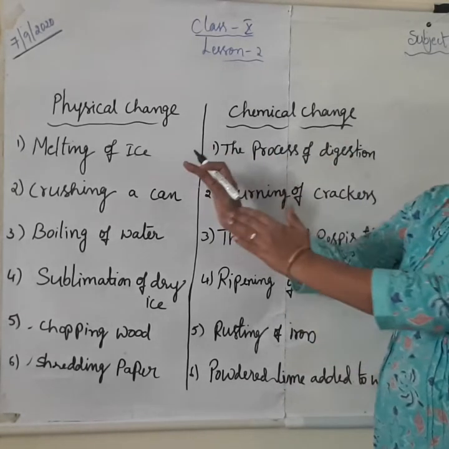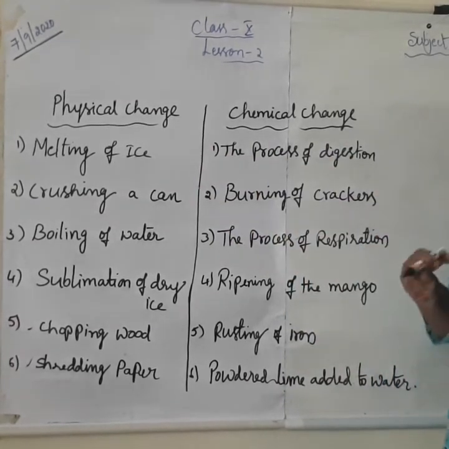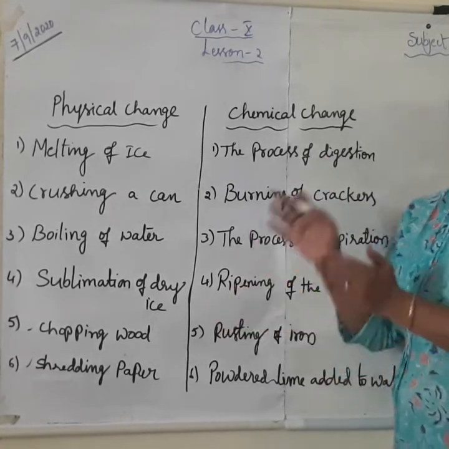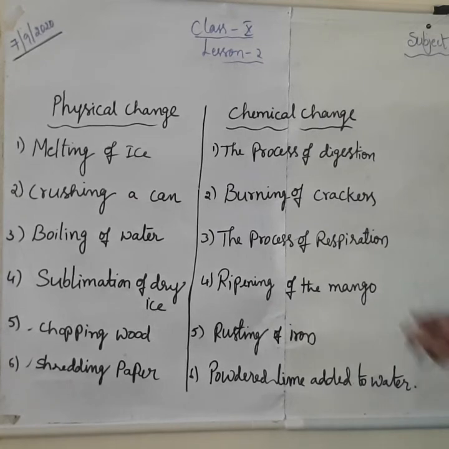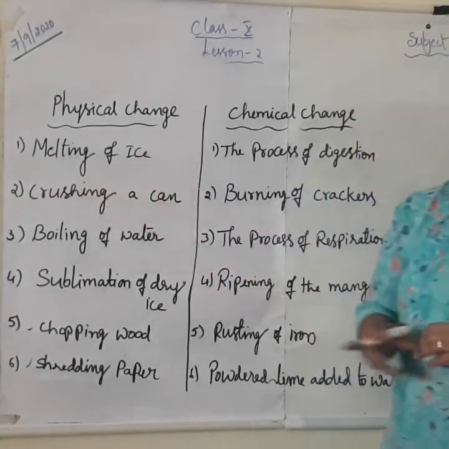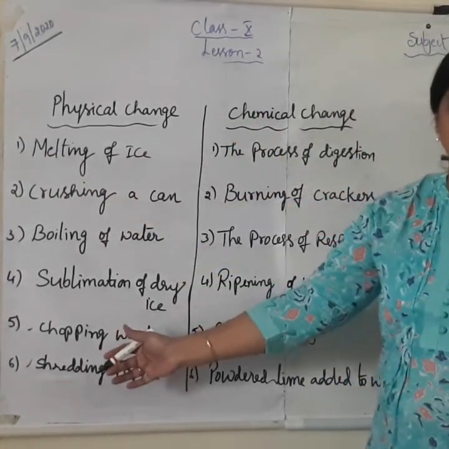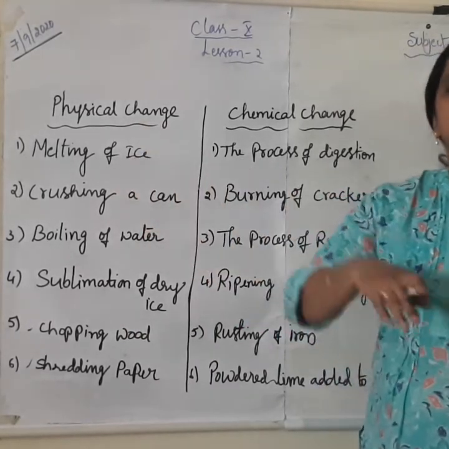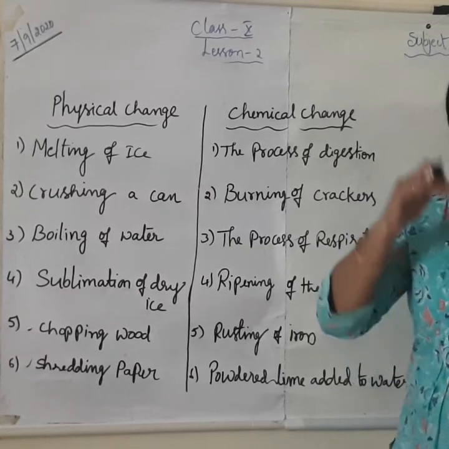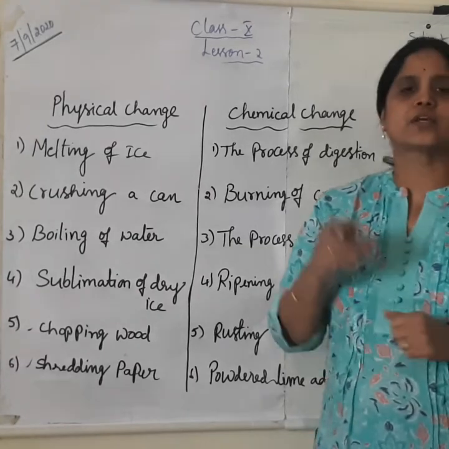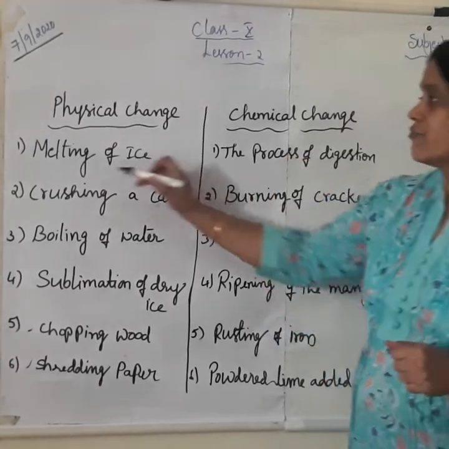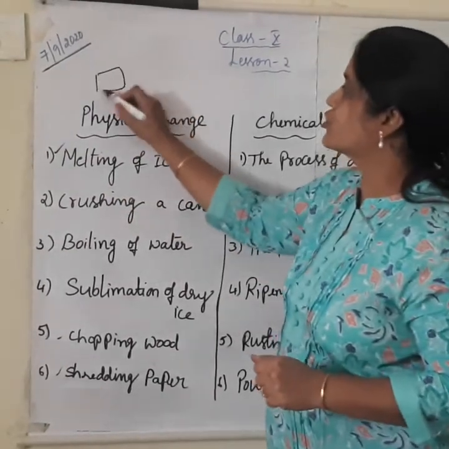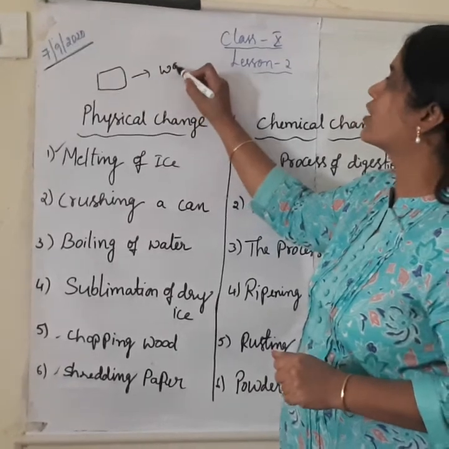In these two, how can we identify which are physical changes and which are chemical changes? For example, take the melting of ice. In a physical change, before the reaction and after the reaction, there is no change in the substance. When you heat an ice cube, you will get water.